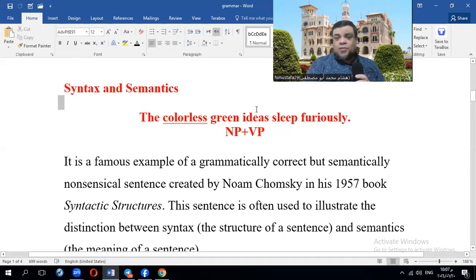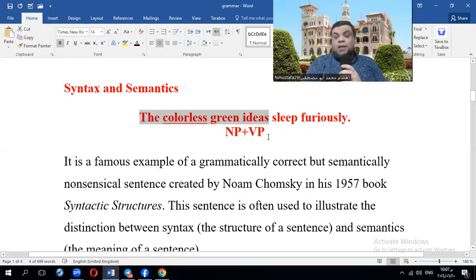The colorless green ideas, this is a noun phrase composed of the head, which is ideas, the noun. Green is an adjective. Colorless is another adjective. And the is a determiner or an article. This is the noun phrase, NP, plus the verb phrase, VP.